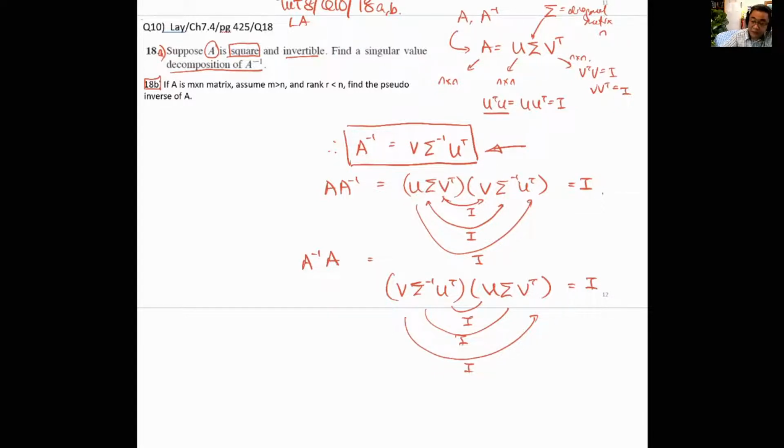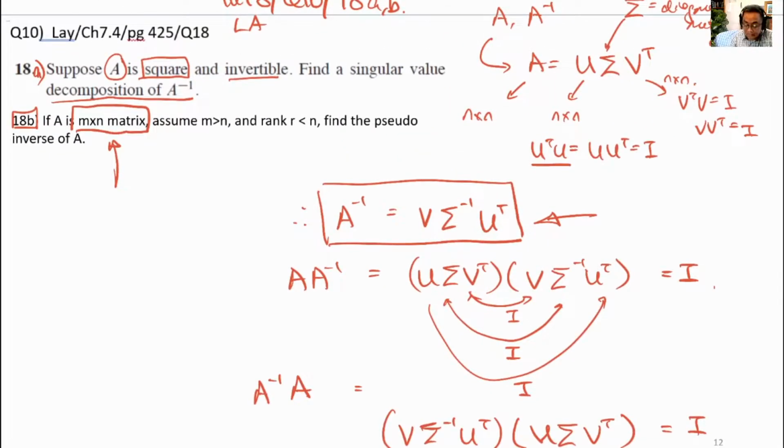So this is 18A. We now turn our attention to 18B, where we want to generalize where A is no more a square matrix, it is a rectangular matrix. Let's assume that we have a tall and thin matrix m by n, and its rank is r.